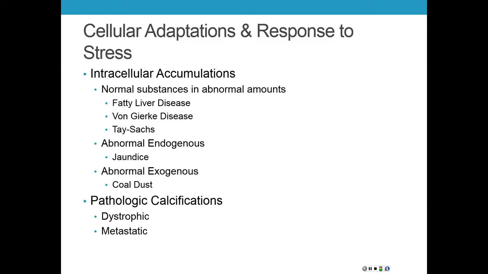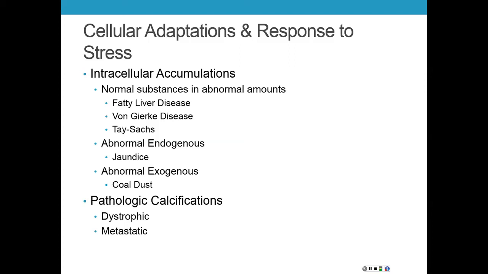Jaundice has to do with the breakdown of hemoglobin, and you start to have the accumulation of pigment from the hemoglobin, and it causes your tissue, your skin and eyes, to start to appear yellow. That is an endogenous substance because it comes from the body, but it's accumulating abnormally. It should never accumulate. It should be a waste product. So it's an indication the liver is not processing correctly.